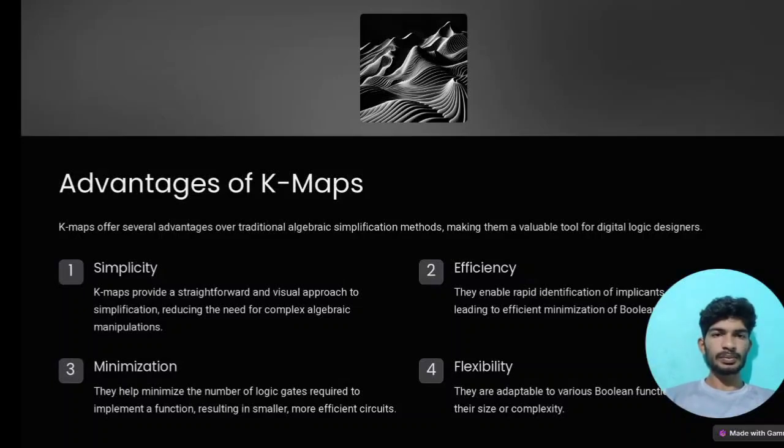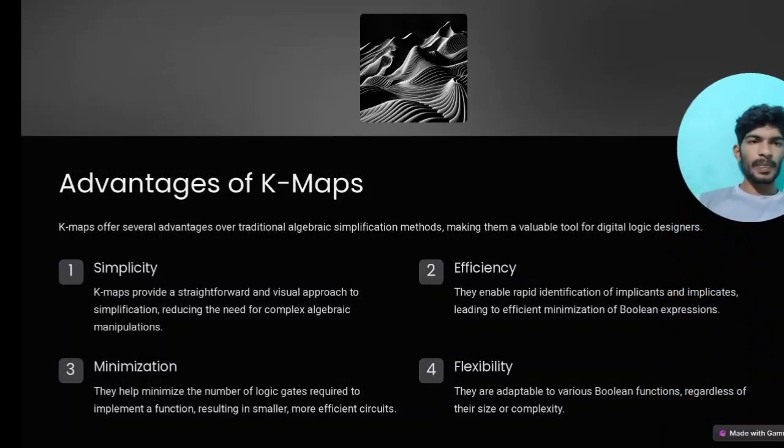They help minimize the number of logic gates required to implement a function, resulting in smaller, more efficient circuits. Efficiency. They enable rapid identification of implicants and implicates, leading to efficient minimization of Boolean expressions. Flexibility. They are adaptable to various Boolean functions regardless of their size and complexity.